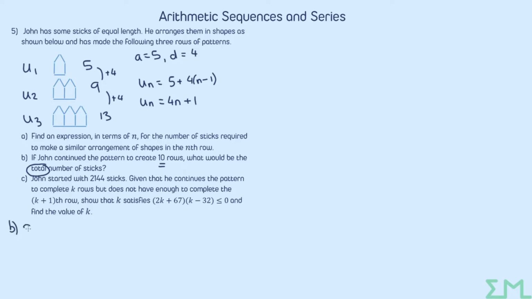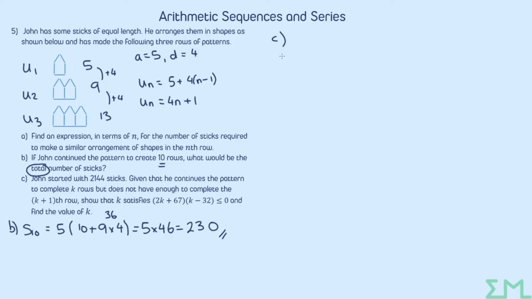So that's going to be 10 divided by 2, which is 5, times 2a, which is 10, plus n minus 1, which is 9, times the common difference, which is 4. So that's 36, 10, so that's 5 times 46, which is 230.